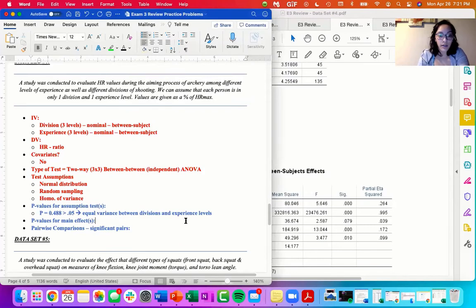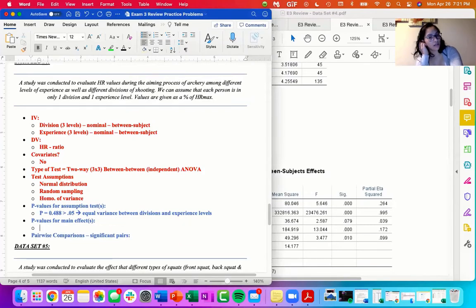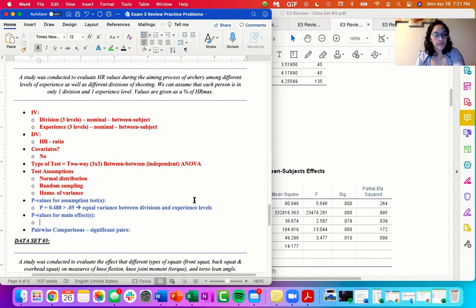Then we have our main effects. How many will we have? This one's going to be 2, and then an interaction effect.